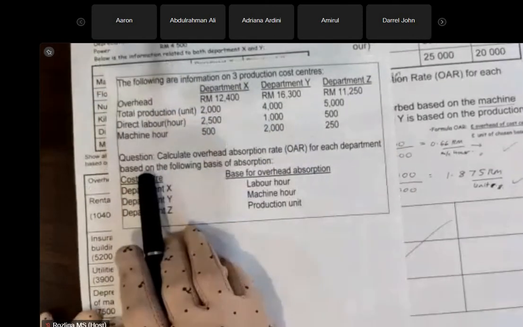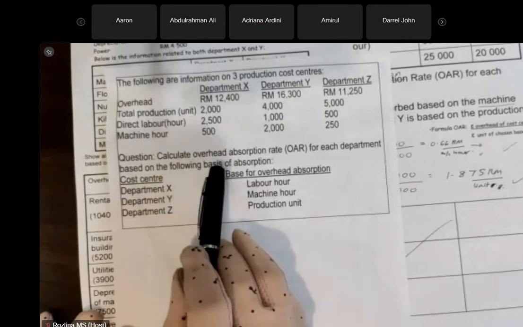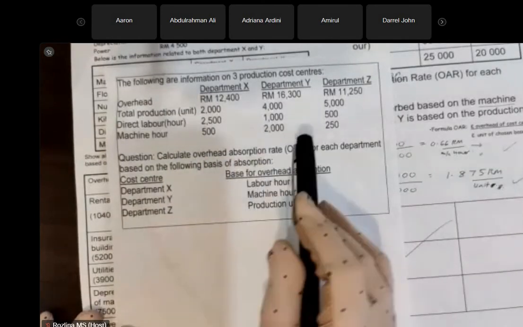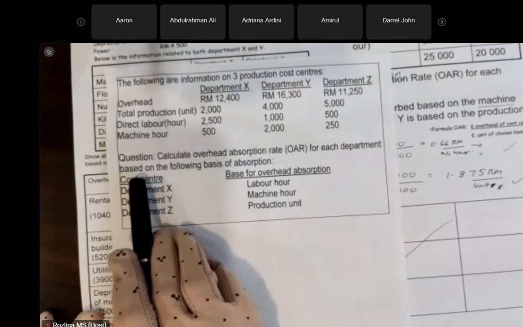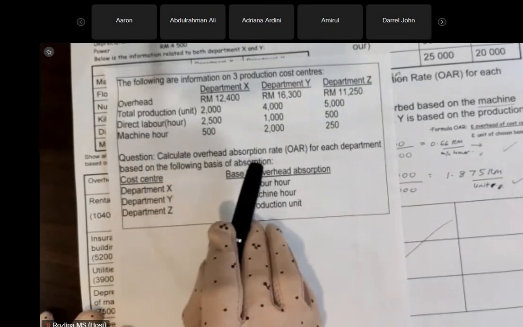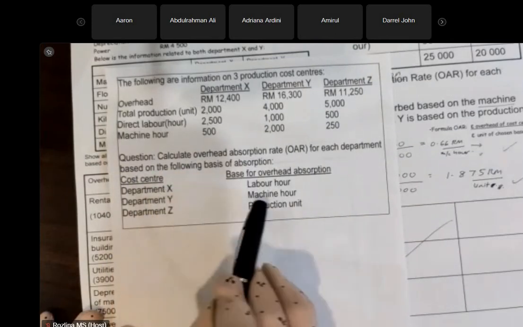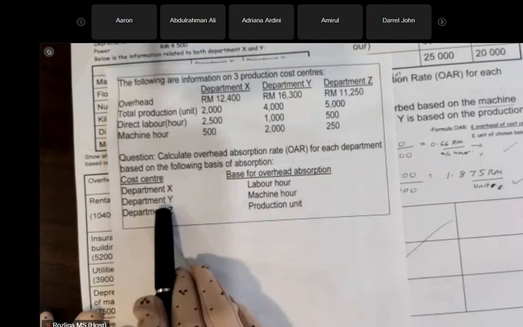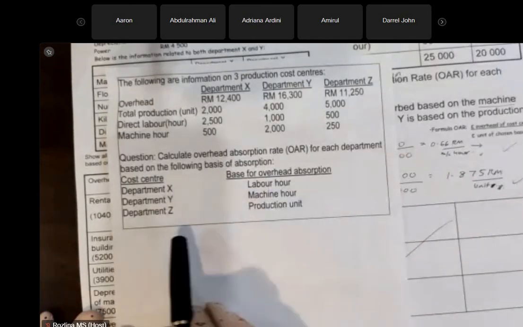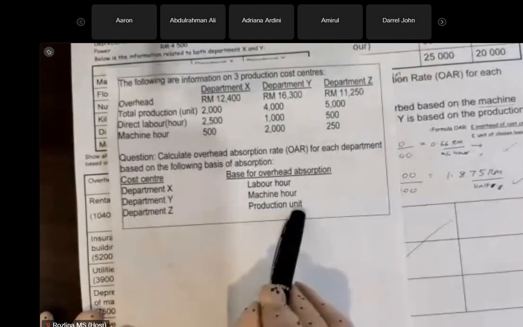The question is to calculate the overhead absorption rate for each department based on the following basis of absorption. Department X using labor hour, department Y using machine hour, department Z production unit.